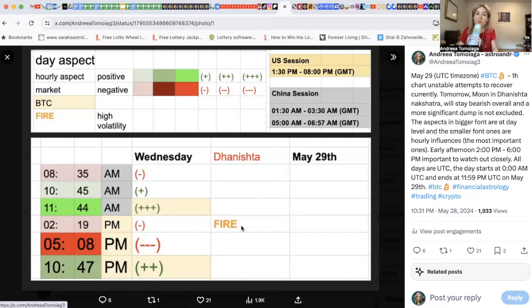Therefore, I give you this information to say what comes from the sky and is valid for everybody, and what is really in the horoscope of Bitcoin, which steers the whole market anyway, so to speak.